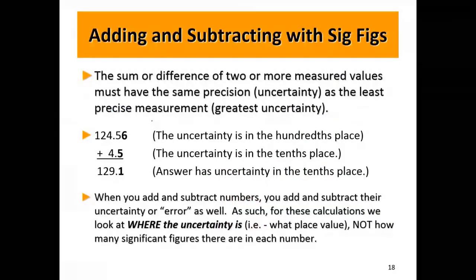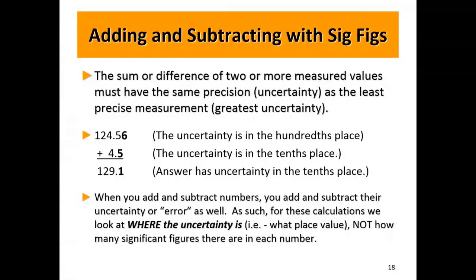So let's take a look at adding and subtracting. When you're adding and subtracting with significant figures, you have to account for the uncertainty. Of course, the last significant figure tells you where the uncertainty is. So this is uncertain to the hundredths place, therefore it's plus or minus 0.01.